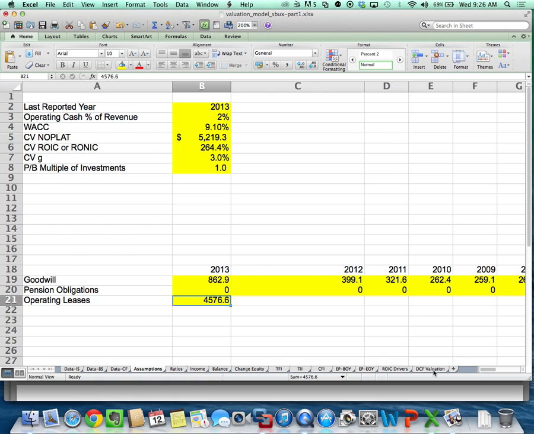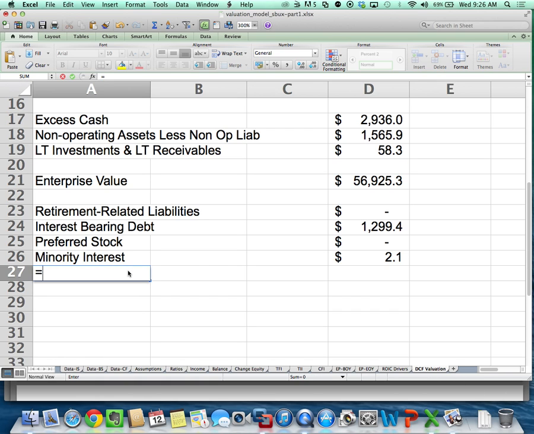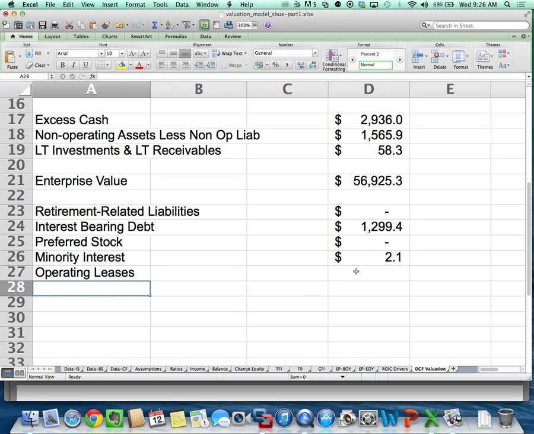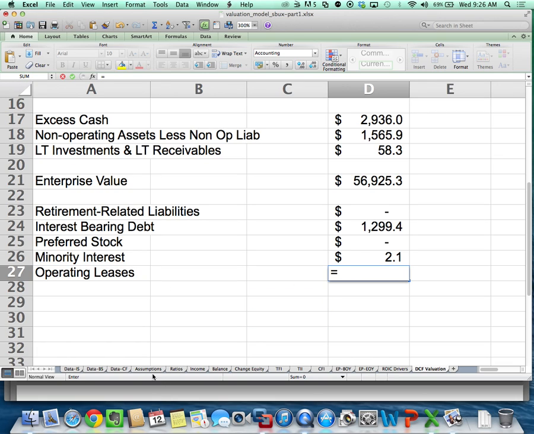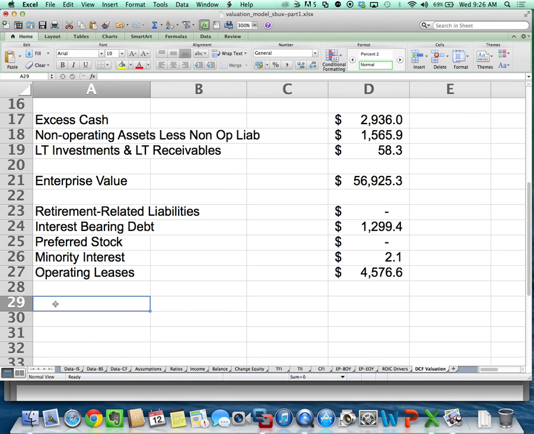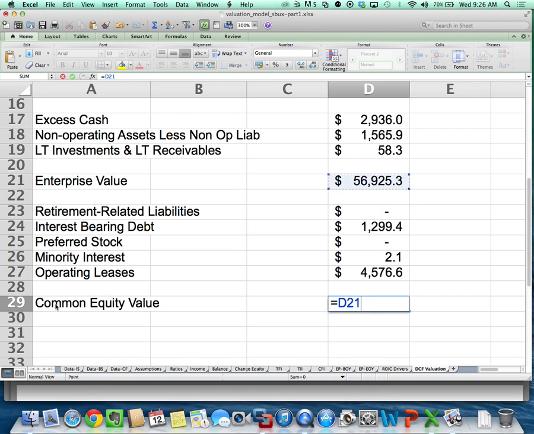So therefore, I'm going to take my operating leases and list those as a liability as well. And then I will get my common equity value equals my enterprise value minus the sum of this.